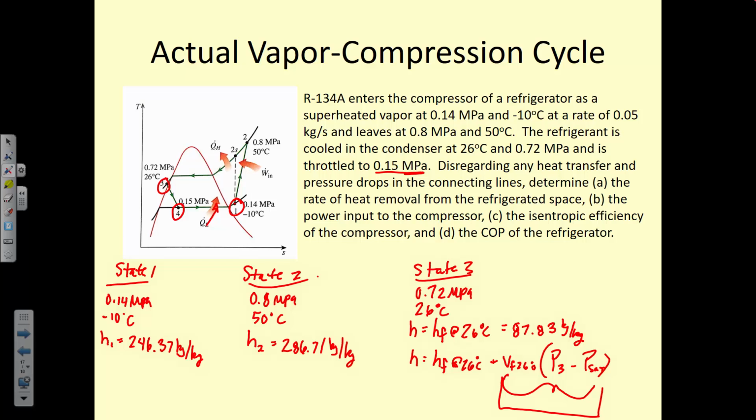Anytime you're in the compressed liquid region, give a second thought. Number 1, when I'm looking up this enthalpy value, if I'm making the compressed liquid approximation, I need to use the temperature to look it up. Don't use the pressure. And if it's at a very high pressure compared to the approximation I'm making, then you'll need to add on that correction factor or see if there's a table.